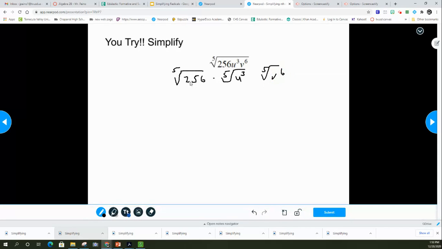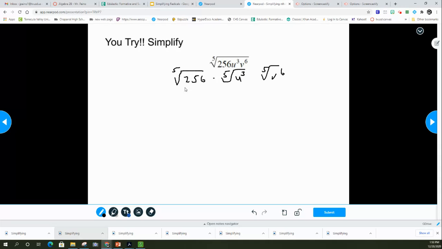Okay, so let's start with 256. Okay, 5th roots, maybe I don't know any of my perfect 5th roots. I mean, 2 to the 5th is 32. All right. But after that, 3 to the 5th, you're getting pretty big there now, 243. So I'm just going to break this down. I'm going to have to use the prime factor tree here.